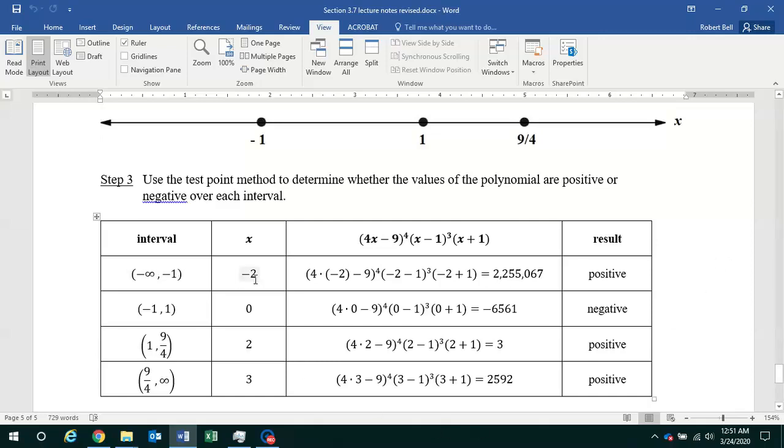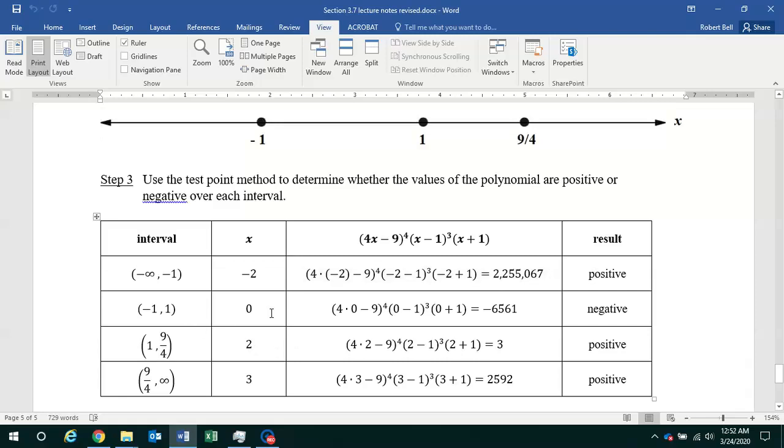So in the first interval, I use −2 as my test point. When I plug in −2 into the factored polynomial, I got a positive value for the polynomial. And so that tells me any real number less than −1 put in for x in the polynomial will result in a positive number.